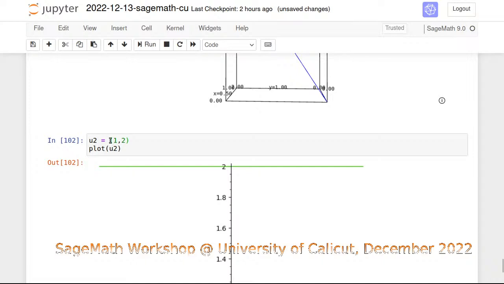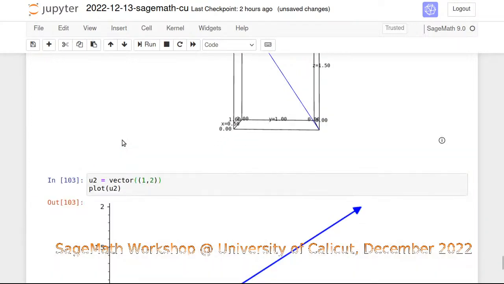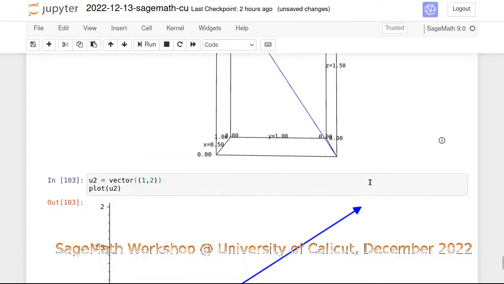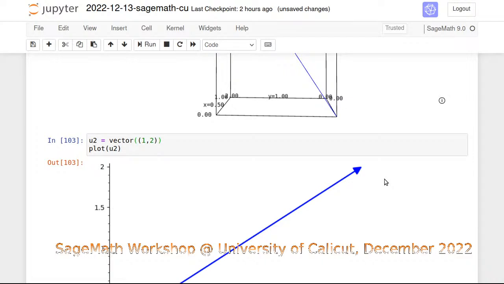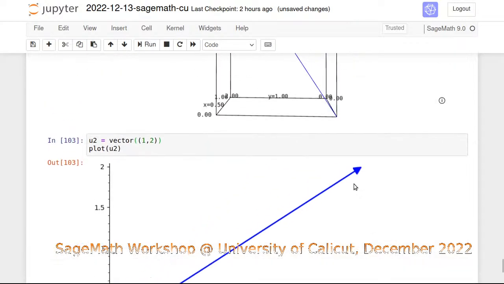Oh, sorry, that vector is missing. Right. But the strange thing here is that SageMath, while plotting the vector in 3 dimensions, is not giving the arrow mark. But in 2 dimensions, it's showing the arrow mark. Somehow, I don't exactly know why it's like that. So you may have to manually put some arrow on top of the already plotted line. There is no other way, it seems, directly.